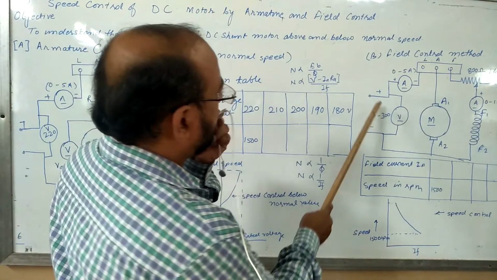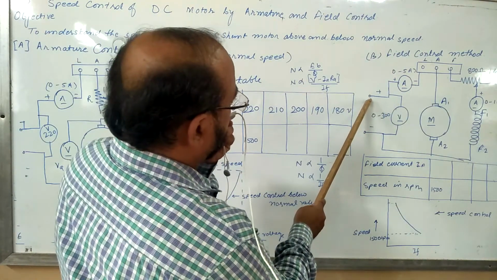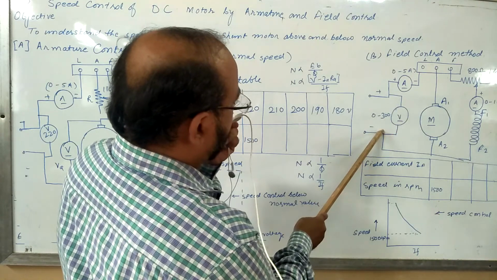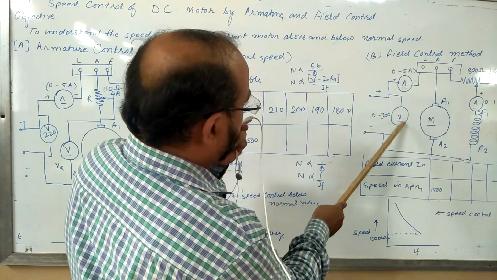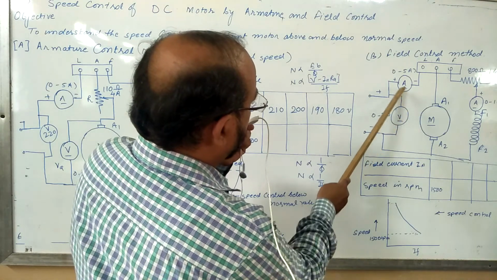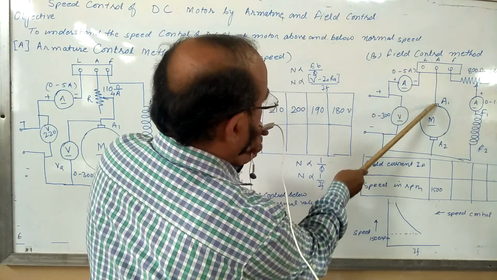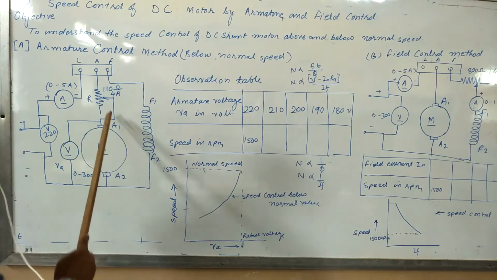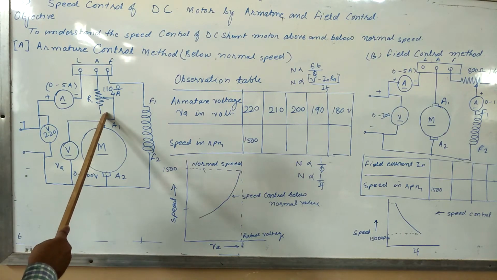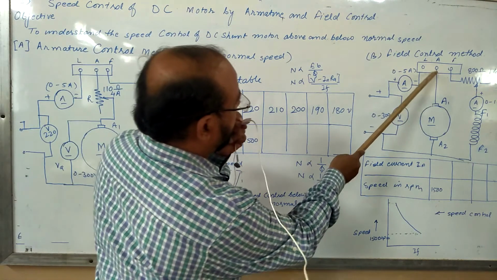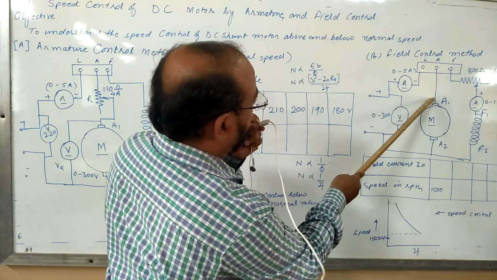Now see here, in the second figure, we are applying the rated voltage. We have selected a DC voltmeter and a DC ammeter. The first part is as it is. We have removed the resistance from the armature circuit. In the first figure there is a resistance in the armature circuit, whereas in the second figure there is no resistance in the armature circuit.